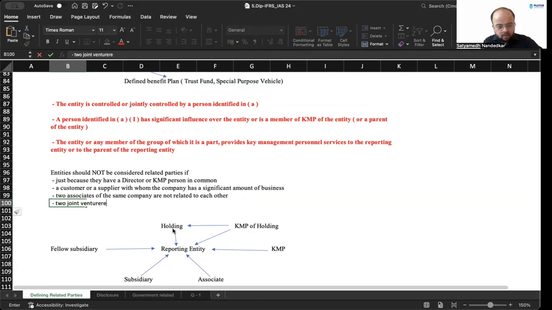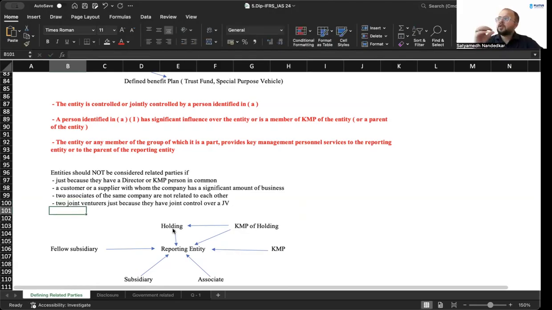Two joint venturers, just because they have joint control over a joint venture. So A and B, Satyamedh and Rishabh, two people, both of them have a joint venture.